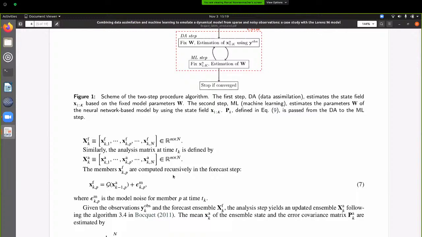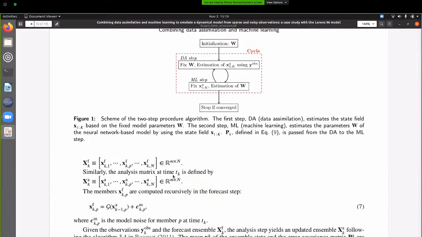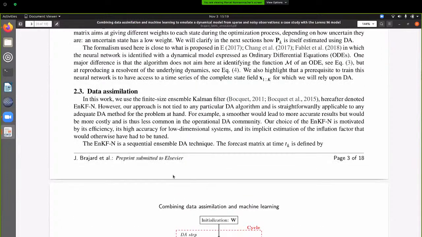So the idea is to use a data assimilation technique. In this case, it's going to be an ensemble Kalman filter. In a linear case, it could just be a Kalman filter, if we were sure the dynamics were linear. In this case, they use an ensemble Kalman filter, which works for nonlinear dynamics at the cost of having to run an ensemble.